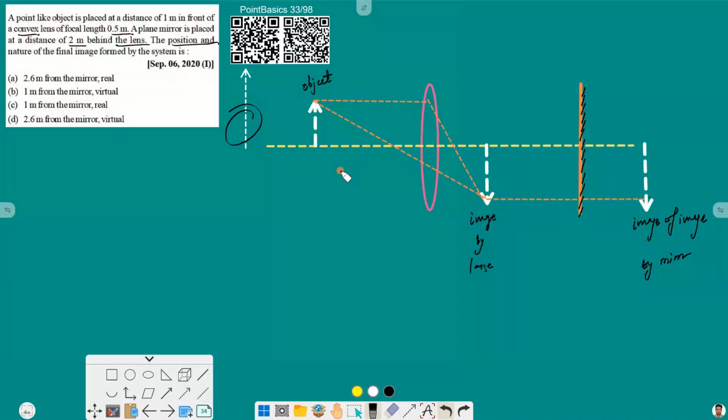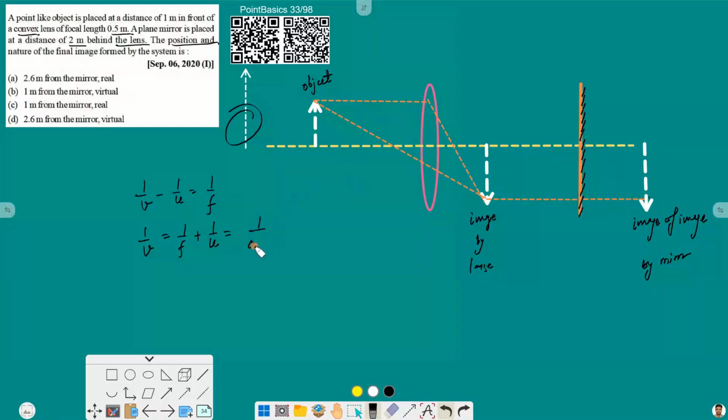Now let us start with the lens first. For this lens, we will have 1 by v minus 1 by u is equal to 1 by f. So from this, 1 by v will be equal to 1 by f plus 1 by u. Here u will be negative, and focal length, as we are hitting on this side, will be positive.